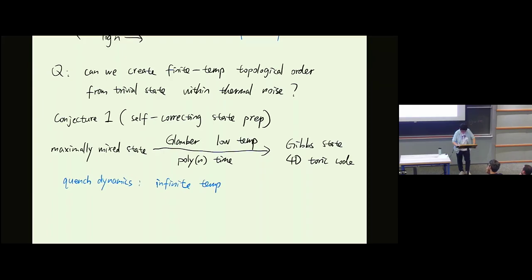And we just prepare the infinite temperature state and suddenly throw it into the low temperature bath. And we somehow believe that topological order will naturally emerge in polynomial time.